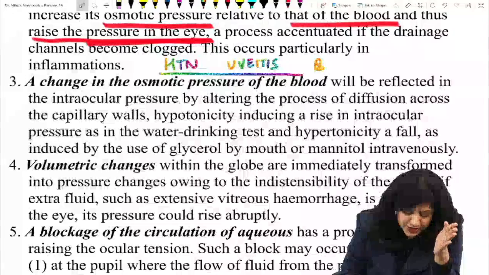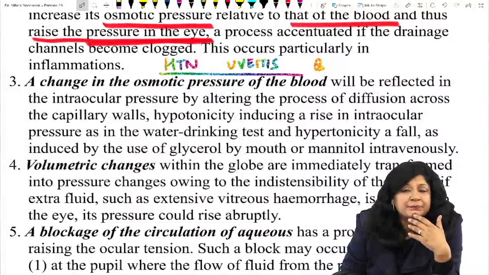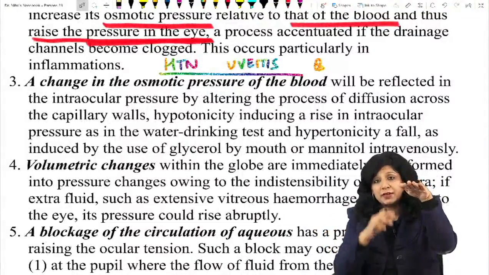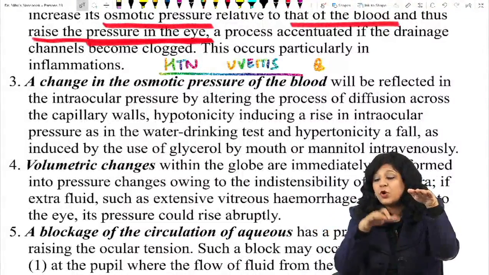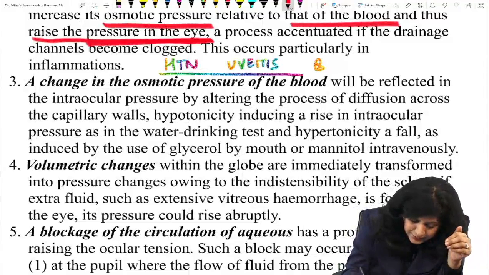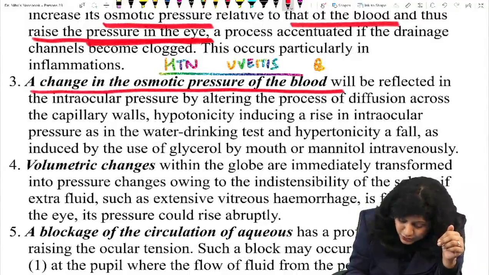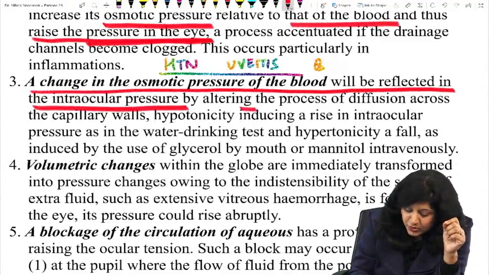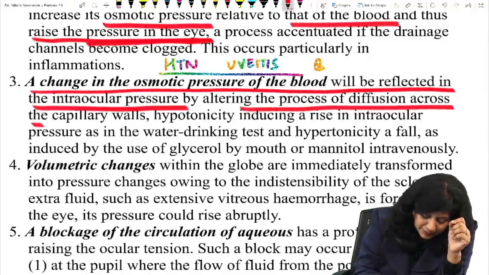Then we come to the change in the osmotic pressure of the blood. Either there can be a change in the hydrostatic pressure of the capillaries, or I can have a change in the osmotic pressure of the blood. This can also be reflected in the intraocular pressure by altering the process of diffusion across the capillary walls.